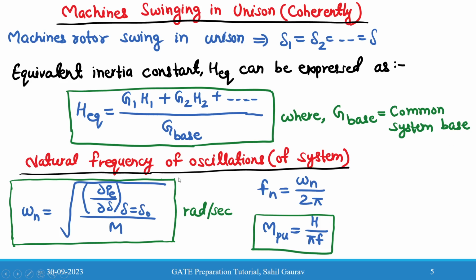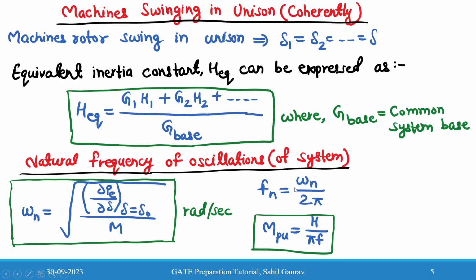Now you may have seen questions where it is asked about the natural frequency of oscillation. In that type of problem, we use this expression: omega n is equal to the square root of the partial derivative of Pe with respect to delta at delta equal to delta naught, the initial rotor angle, divided by M, and that will give radian per second.